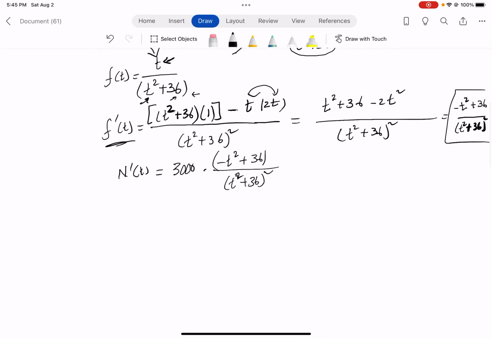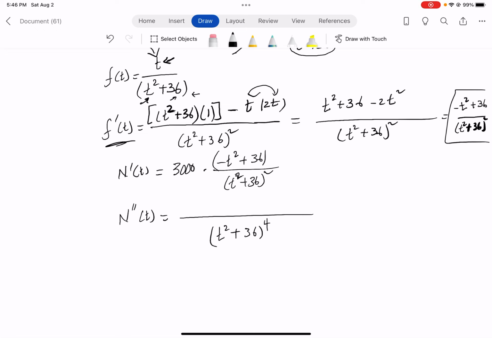And now we need to find the second derivative. We will do the same method. The second derivative: we're going to square the bottom. It's going to be t squared plus 36 to the fourth.